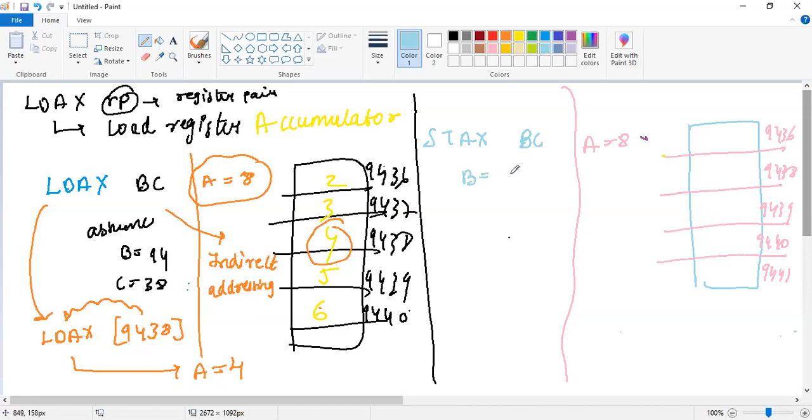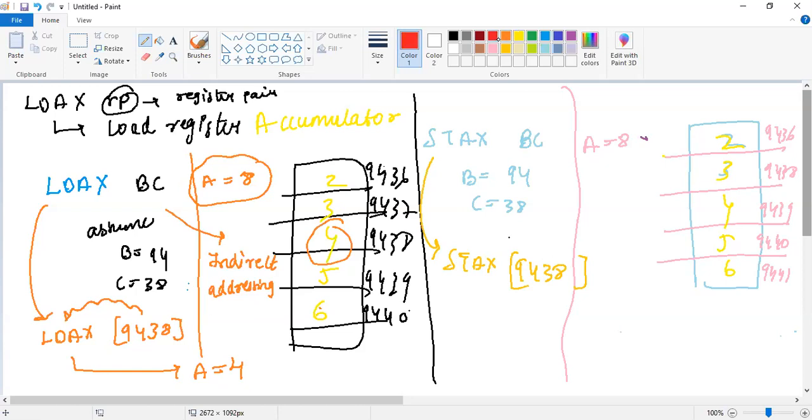In your B there's 94 and in your C there's 38, with the same contents 3, 4, 5, and 6. So internally, how does STAX BC work? BC is 9438. So in this scenario, the content of your accumulator will be directly moved into memory location 9438.